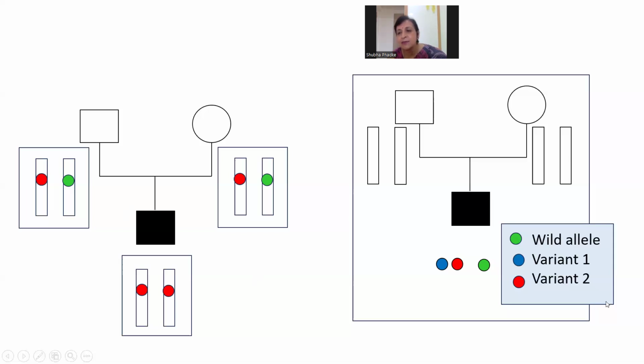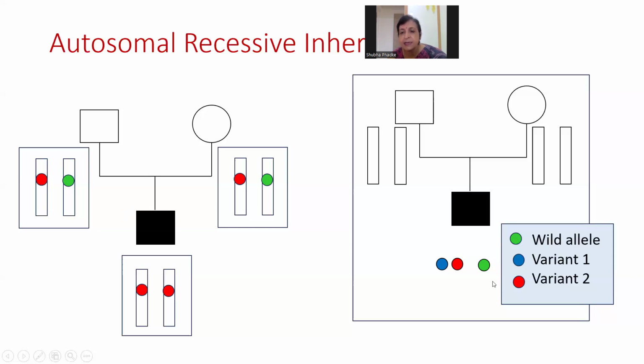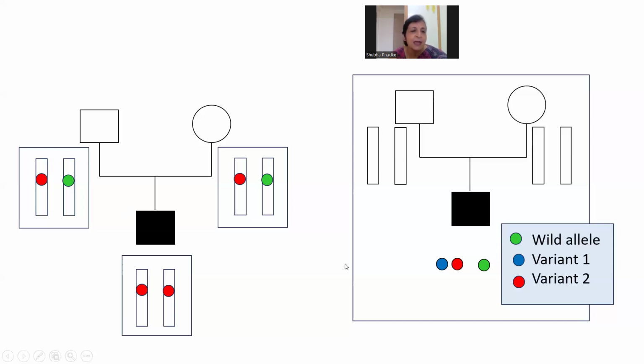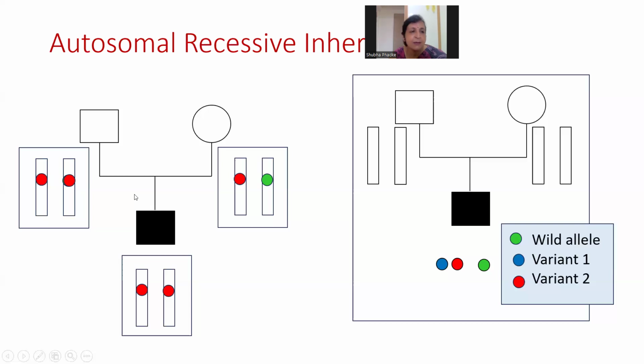While in this case, if you find that the child has three variations. In the previous case, if we feel that this is an autosomal recessive disorder because one copy is inherited from both of the parents, but sometimes one of the parents has both copies with the same variation, then it obviously means this is not a disease causing variation because the father is also homozygous for that variation.